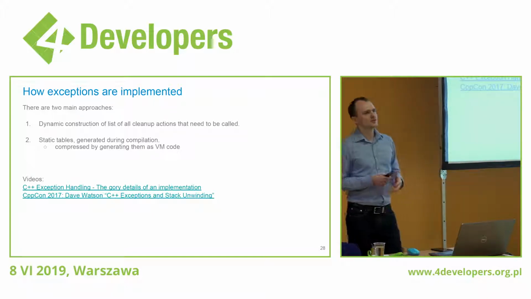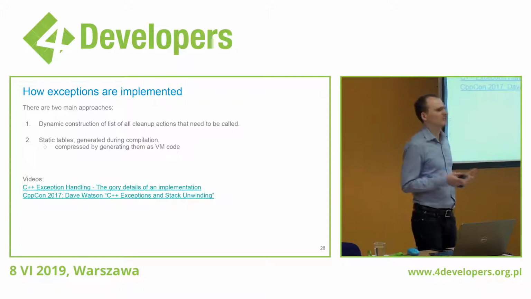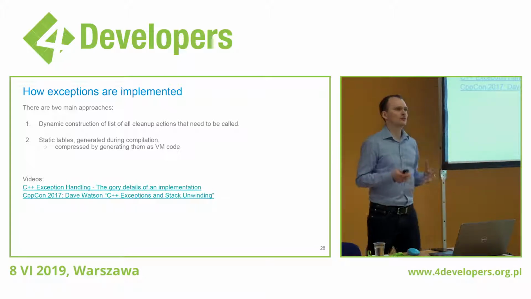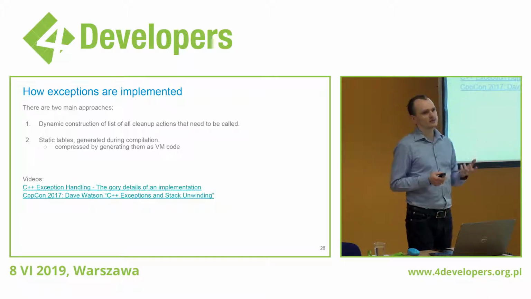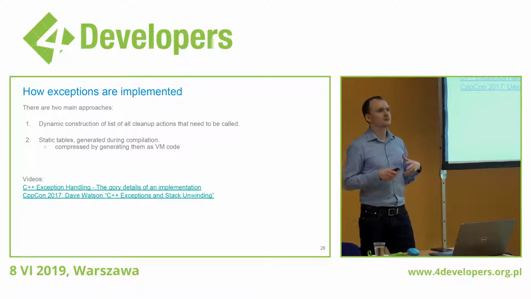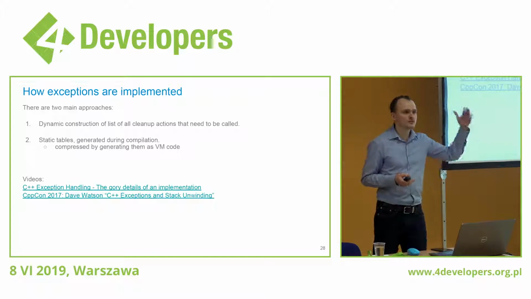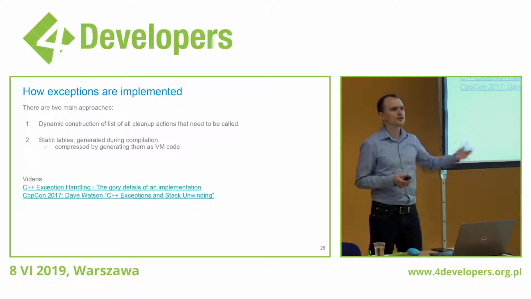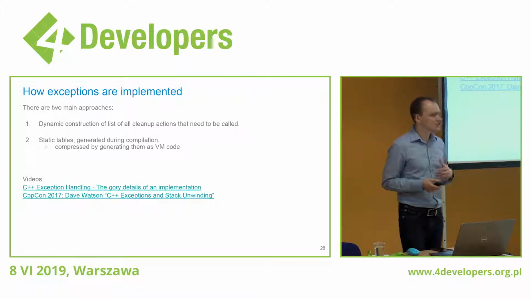Those tables are huge, and therefore compilers compress them by turning them into bytecode, and this bytecode is then interpreted by a virtual machine that rebuilds this information as needed when the exception is generated.